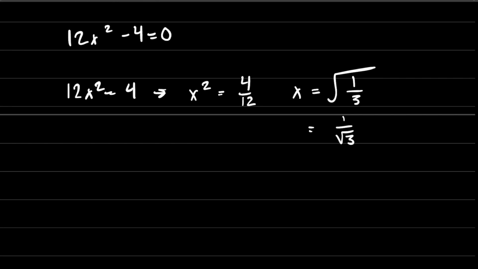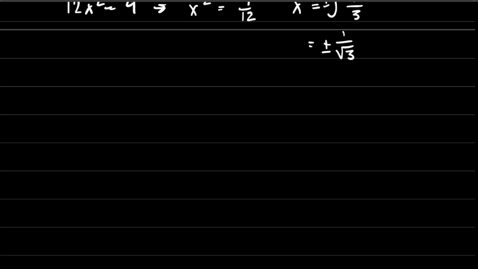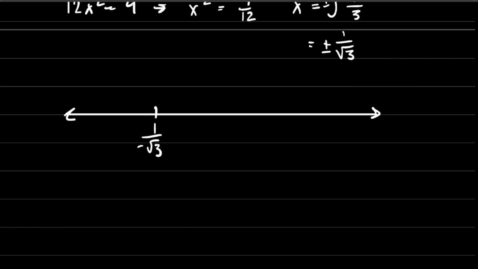Or excuse me, specifically plus or minus 1 over square root 3, because we're taking a square root. So once again, we can draw our number line, and we can plug in one value as 1 over negative root 3, and one value as 1 over root 3. Now we need to find a value that fits into this section, and this section.